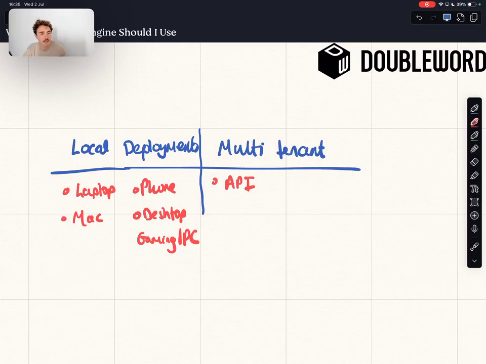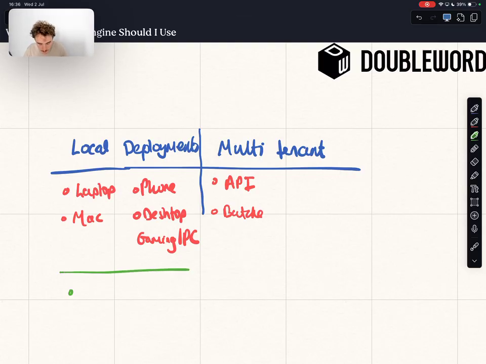Maybe you're giving access to Llama 4 internally in a company. Maybe you're running batched workloads. Something where you have many users of a single model. And these two things come with very different considerations that you need to take into account when deciding on inference engines.